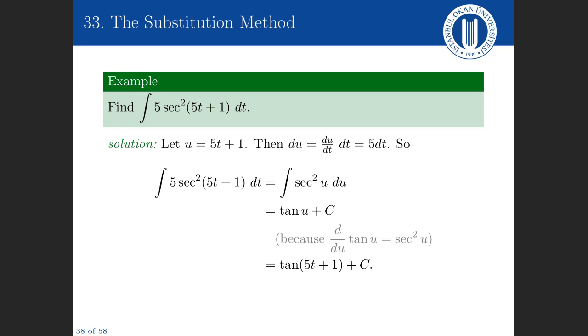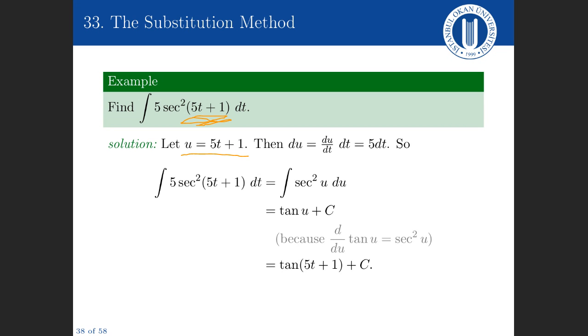Let's do another one. Find the integral of 5 sec squared (5t plus 1) dt. We look at the integrand and we want to choose a u to make this easier. I look at the integrand and I see there's a 5t plus 1 here. I'm going to choose u is equal to 5t plus 1.